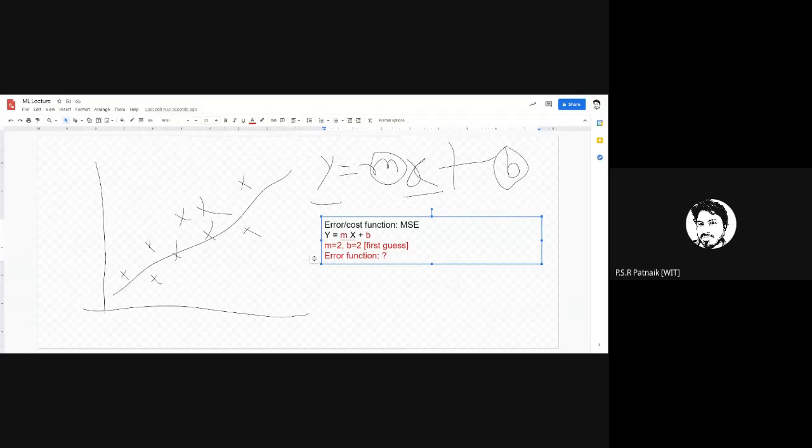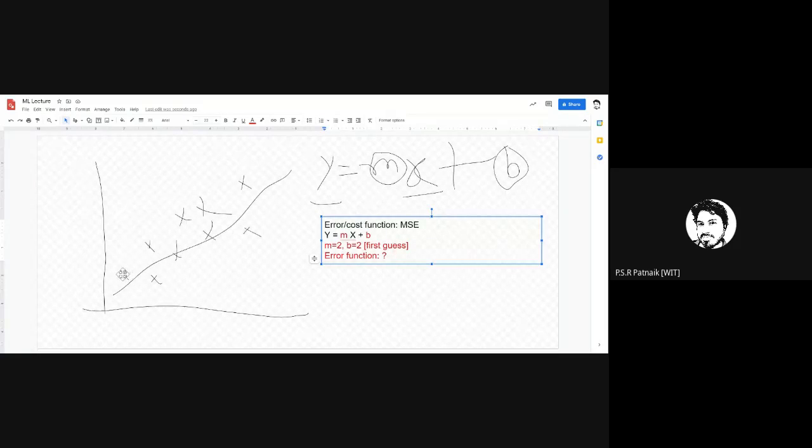The error function is nothing but, see, here if you look, 1, 2, 3, 4, 5, 6, 7, 8, a total of 9 data points. For each data point, you will calculate your value when m is equal to 2 and b is equal to 2, and what difference you have from the actual expected value.